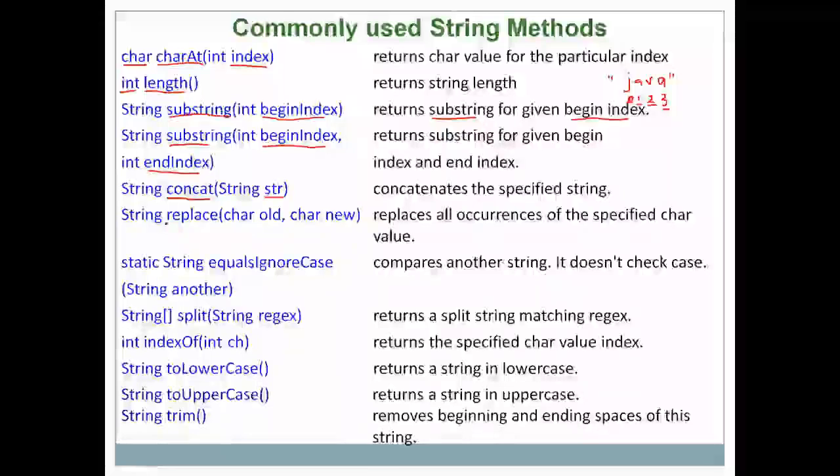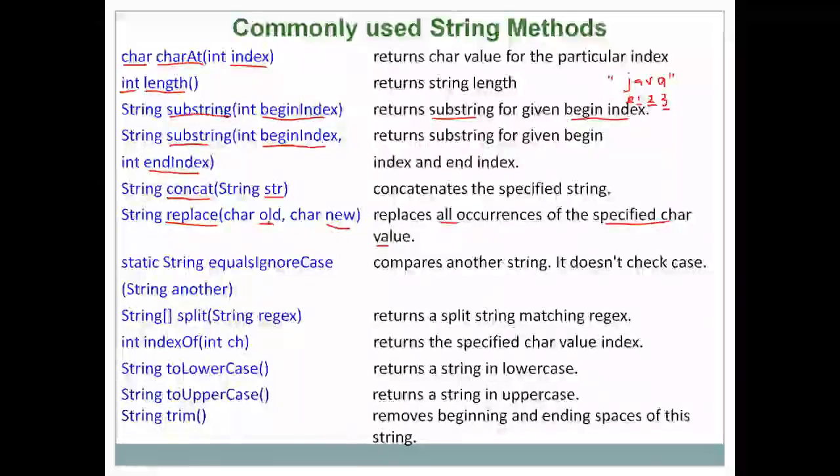Next is the method replace. As the name suggests, replace simply replaces all occurrences of the specified character value. Now what arguments does it take? It takes two characters. The first is the old character and the second is the new character.